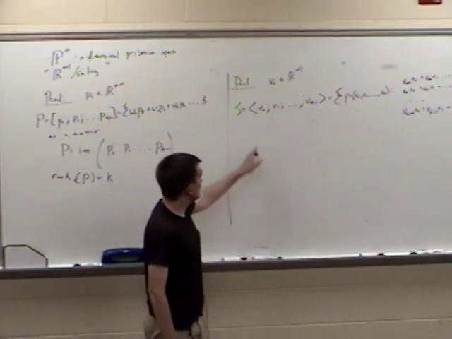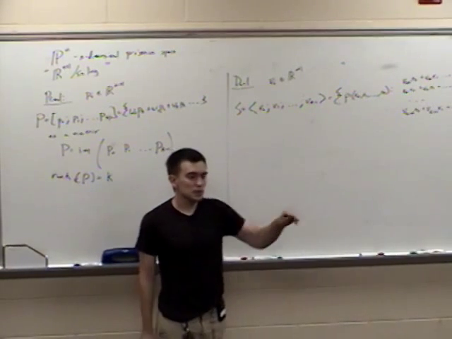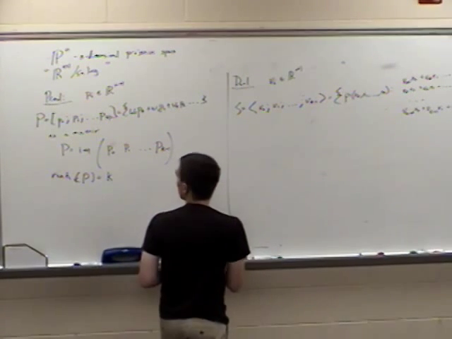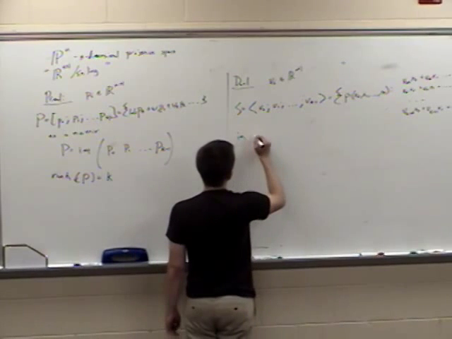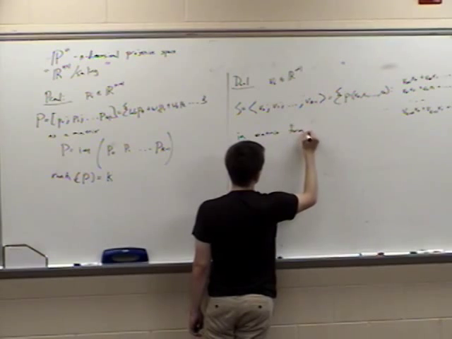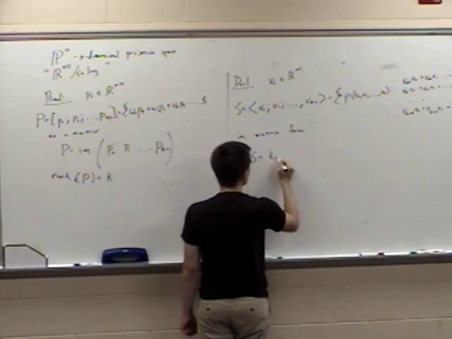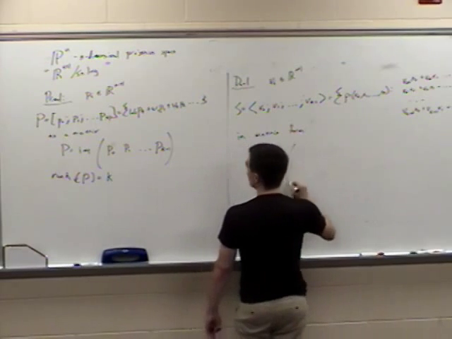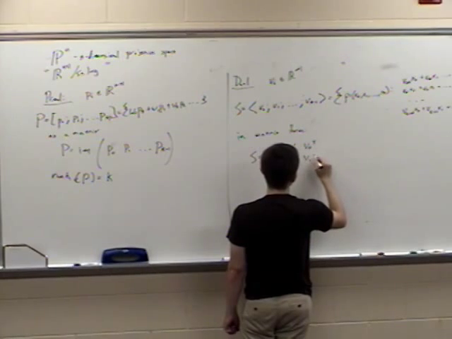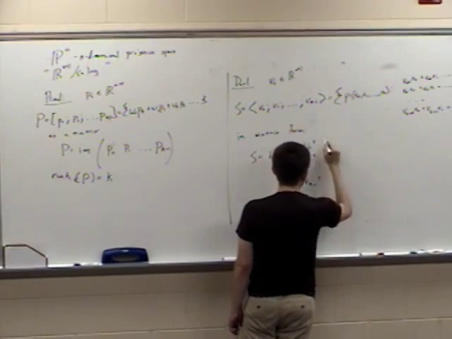So you can think of these as generating the rows of a matrix. In matrix form, I'm going to say S is equal to the null space, or the kernel, of the matrix with rows v0 transpose, v1 transpose, up to v(k-1) transpose.